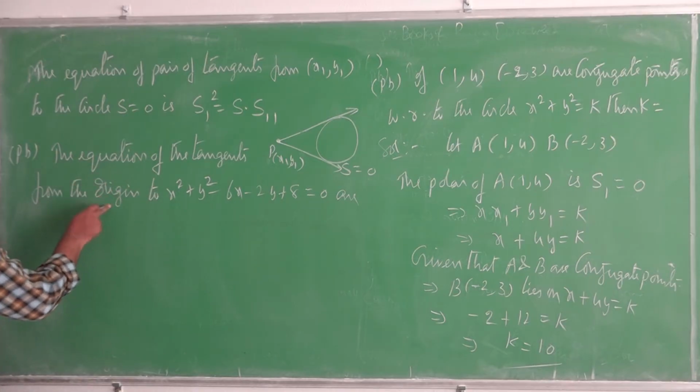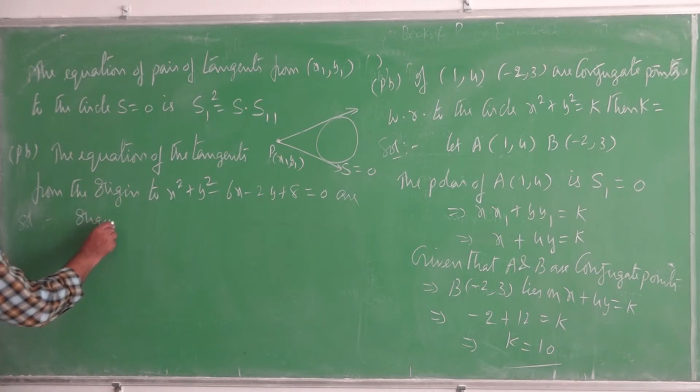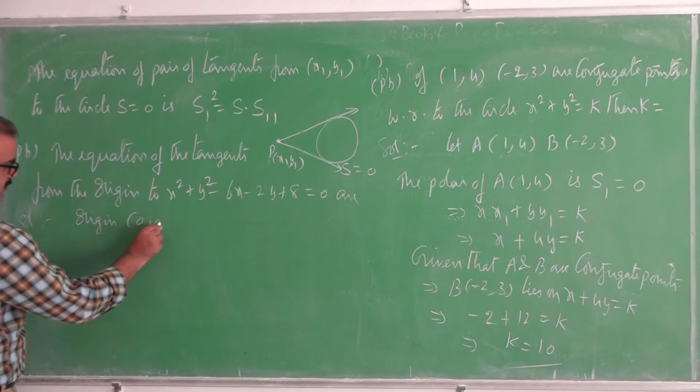What is the point given here? Origin. Given point is origin. Origin means 0, 0.